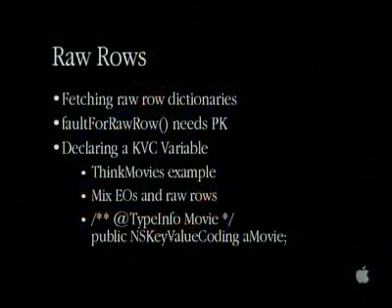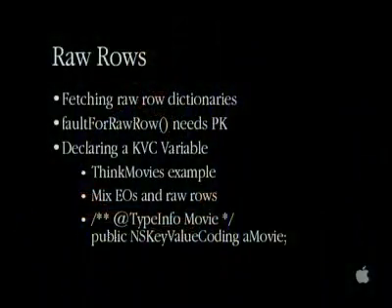All right. So we just have a few more slides left. I want to talk about raw rows, and this was touched on in the last session. You can certainly fetch raw rows, which are just dictionaries of keys and values, in any of your fetch specifications. The reason for doing that might be because you don't need a full EO, or maybe you have a very large data set and you just want some of that information back.